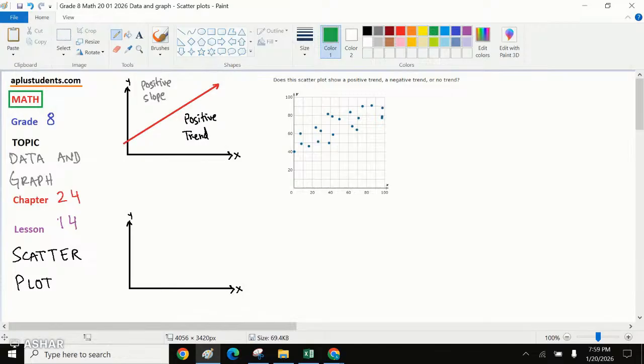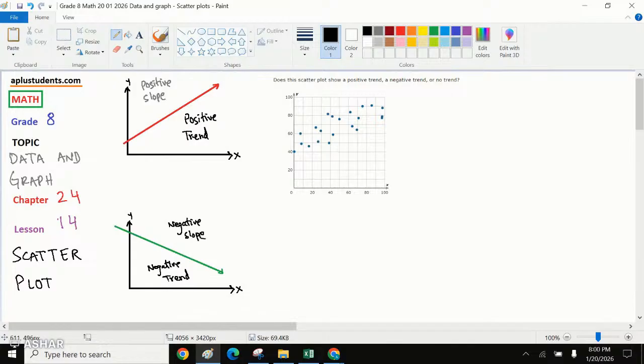But if we look at the negative trend, that means the graph is decreasing over here. As the values of x are increasing, y is decreasing. This is known as a negative trend, or we can also say the line has a negative slope.